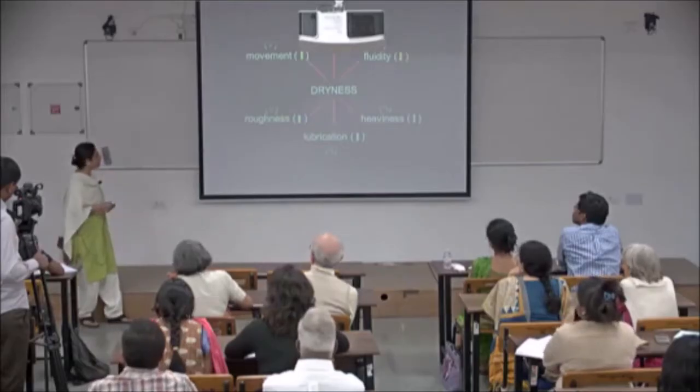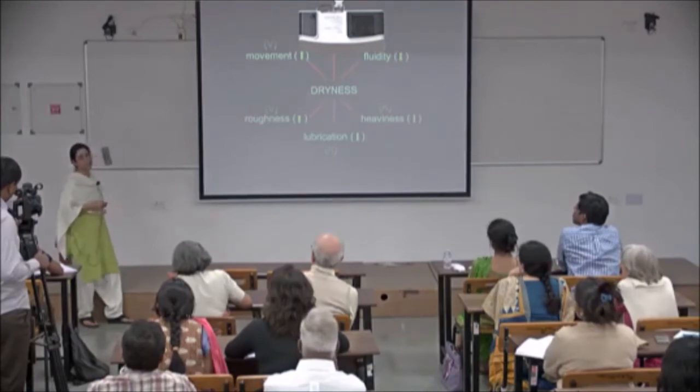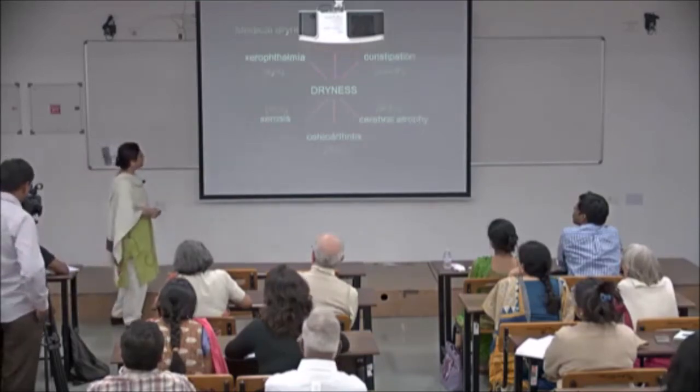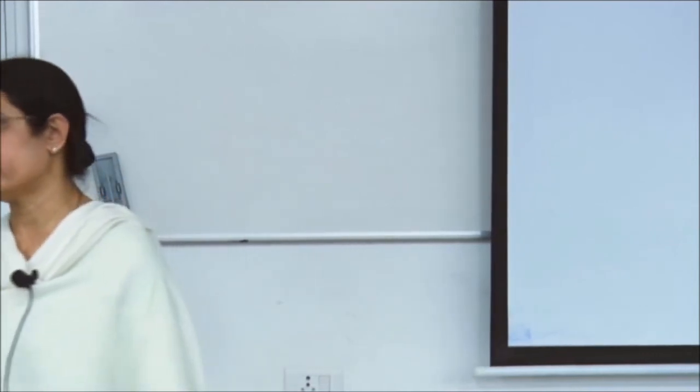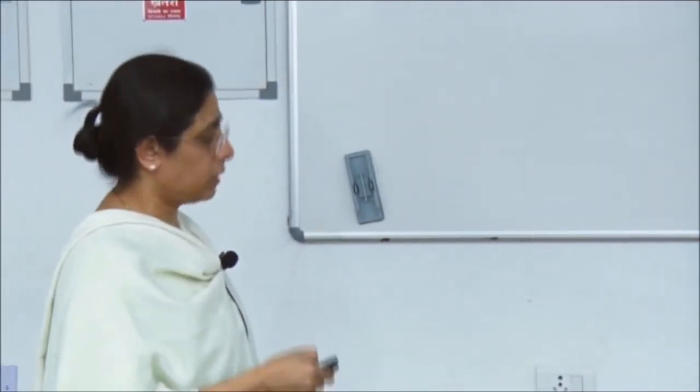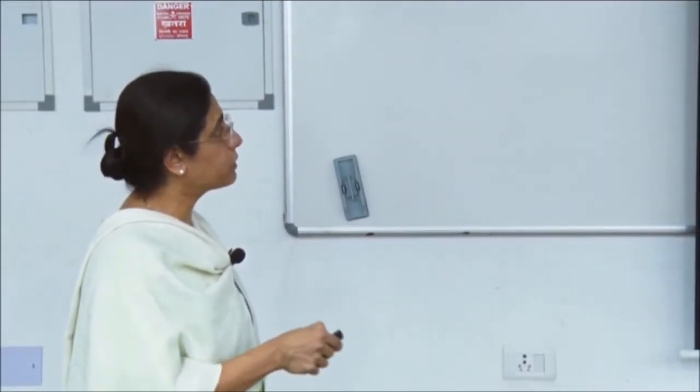So the treatment will be a systemic treatment to reduce the dryness, right? And they will also give a treatment to the joint, to the organ where there is already a clinical manifestation. By giving a systemic treatment, they prevent any further problems.